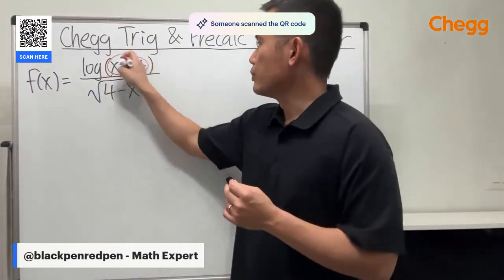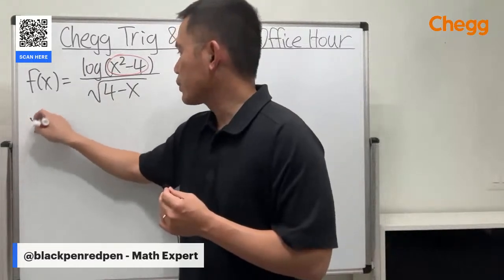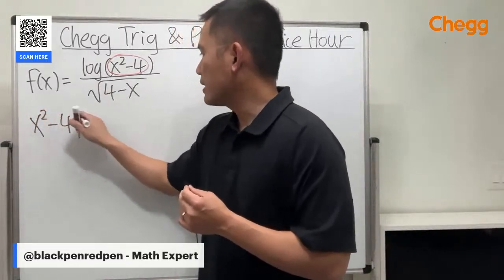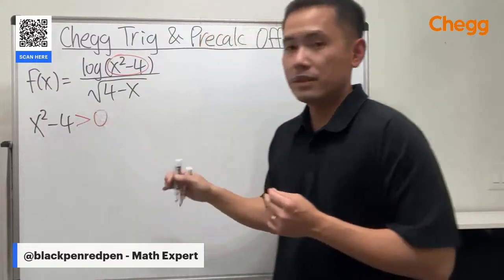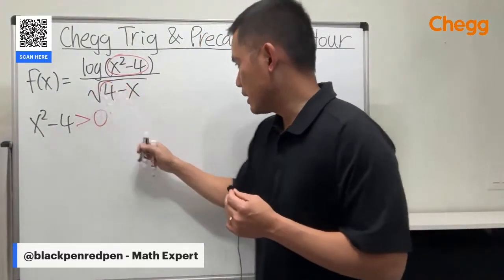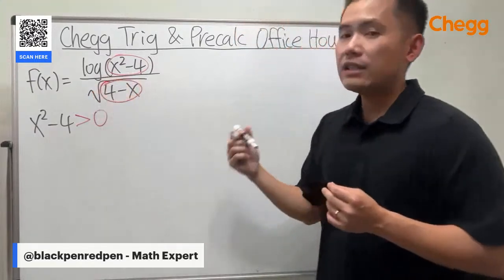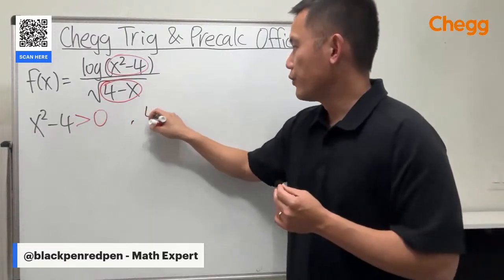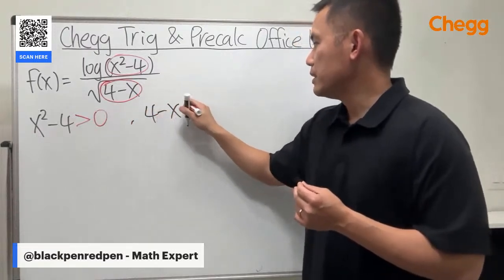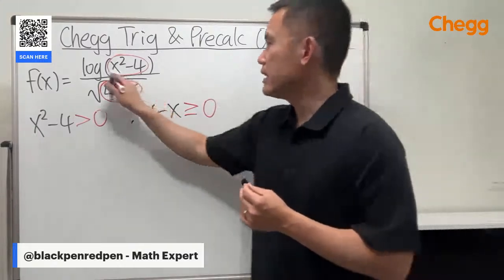1, let's put it inside of the square root. No, sorry, inside of the logarithm. So condition 1, x squared minus 4 has to be greater than 0. That's number 1. Number 2, this right here, let me just use red. This right here, it has to be greater than or equal to 0. So 4 minus x has to be greater than or equal to 0.